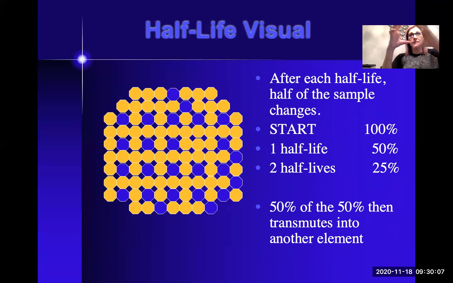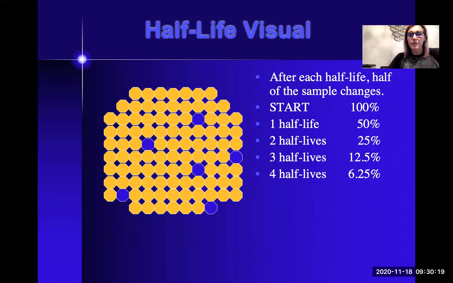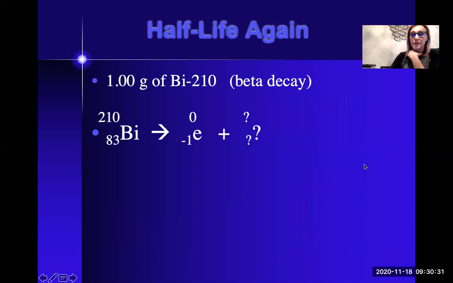The second half-life, you take half of 50%, you get 25%. The third half-life, you take that 25%, you half it there. The fourth half-life, 6.25%. Fifth half-life, 3.12. Sixth half-life. So each one, you half it down.